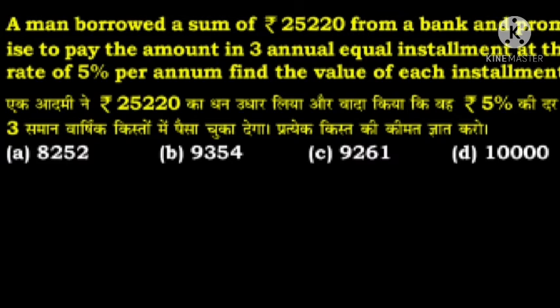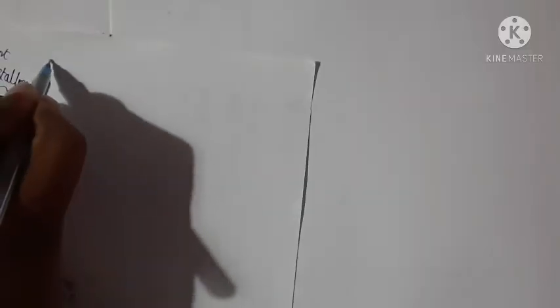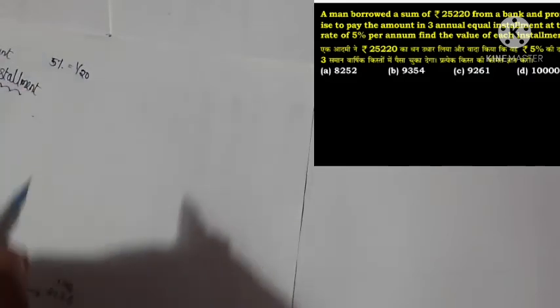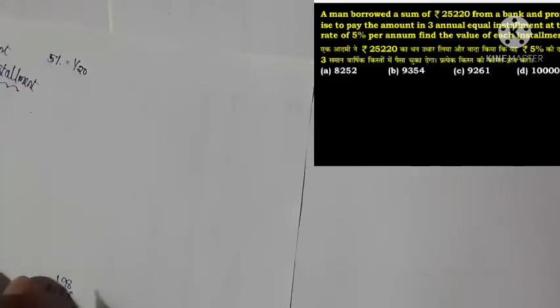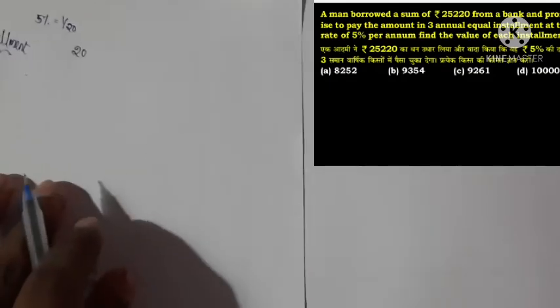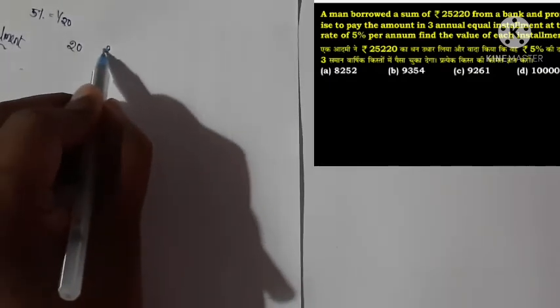A man borrowed a sum of 25,220 from a bank and promised to pay the amount in three annual equal installments at the rate of 5% per annum. Find the value of each installment. So 5% is equal to 1 by 20. So for first year the principal is 20. The amount is 21.